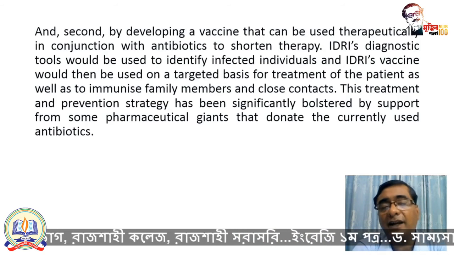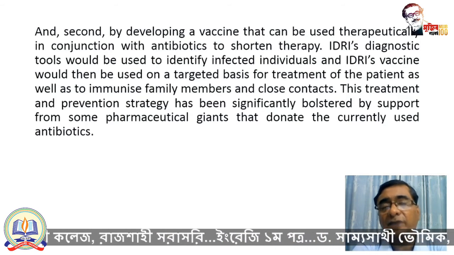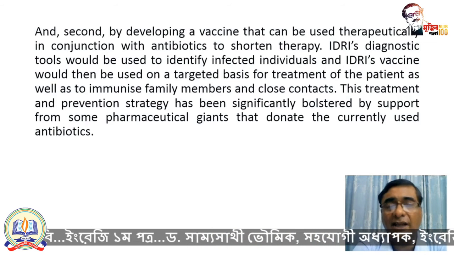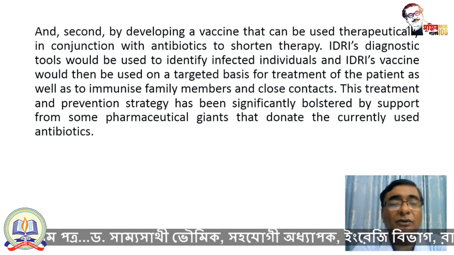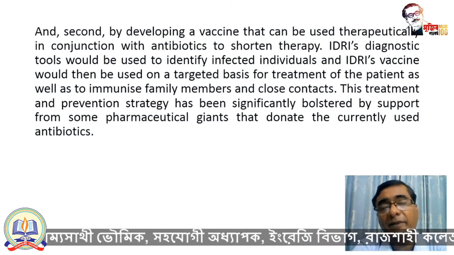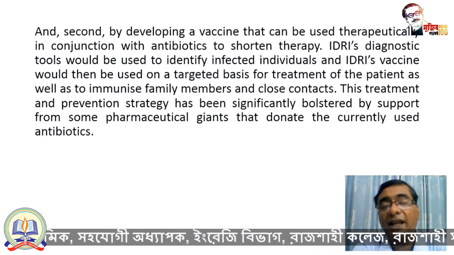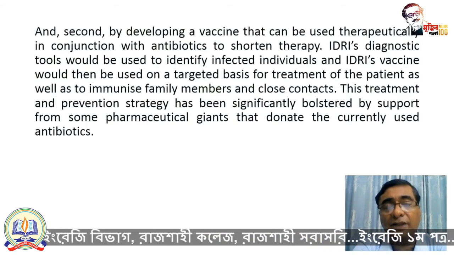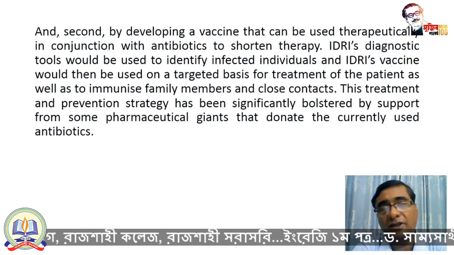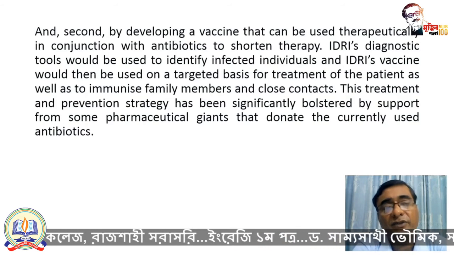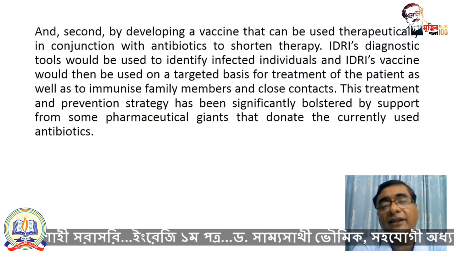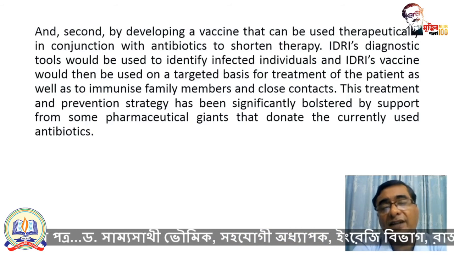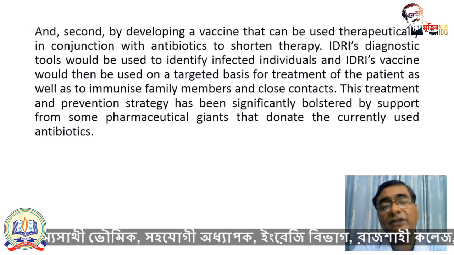At the same time, when they are starting the treatment with the infected persons, they are giving the vaccine to the family members of the infected person and to the people who have come in close contact with the infected person. This treatment and prevention strategy has been significantly bolstered by support from some pharmaceutical giants that donate the currently used antibiotics.